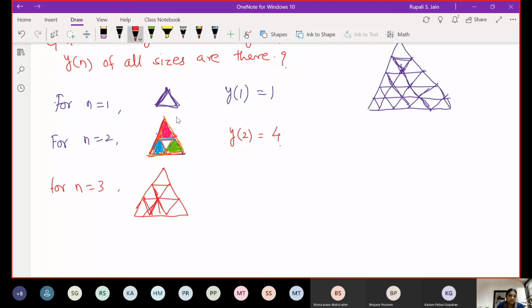Okay, now I have divided each side into 3 equal parts. Now how many upward equilateral triangles am I having for n equal to 3?